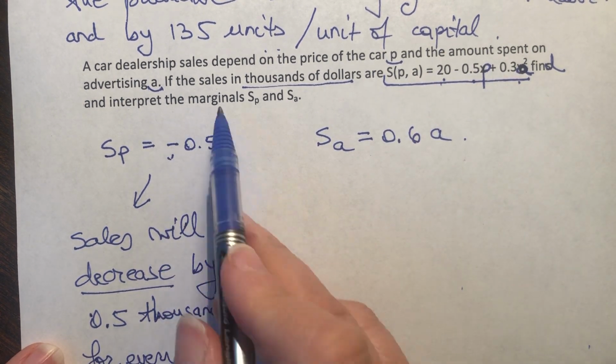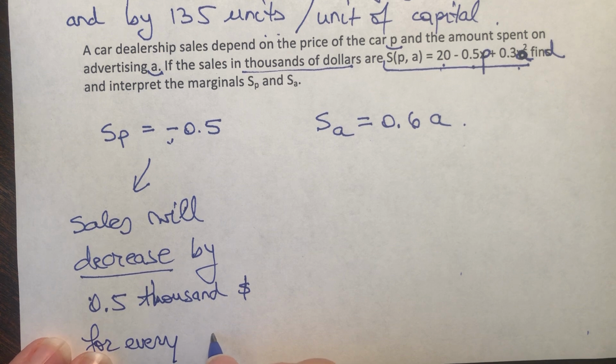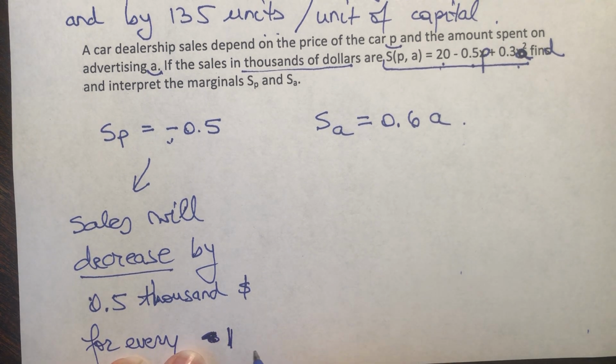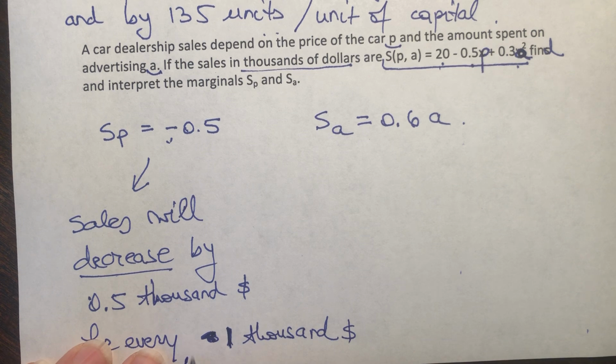The price. So for every, I don't know if it's a $1 increase, but I'm just going to say 1,000. I didn't quite say, but I'm going to keep it in thousands. 1,000 dollars increase in price.